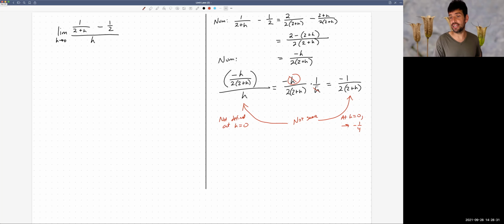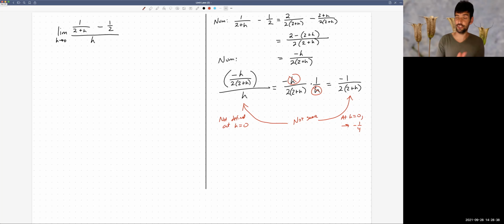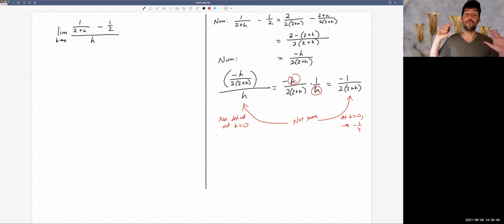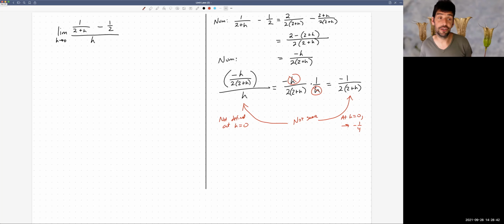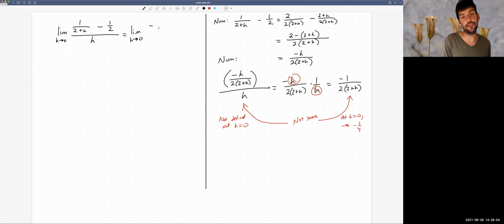Same reason. When we're dividing by something, we have to be sure it's not equal to 0. We're allowed to do this as long as h is not 0. So if h is not 0, this is the same thing. When h is 0, these are different, but we don't care about 0. The limit only cares about all the other points, especially the ones near 0. So this limit is equal to the limit of this new expression, right? That's what my rule said.